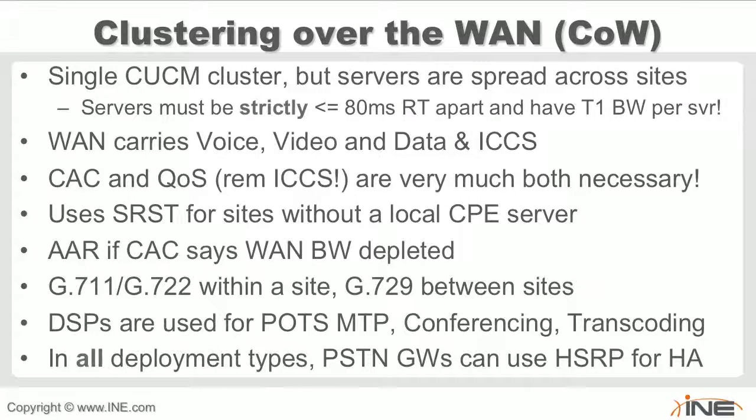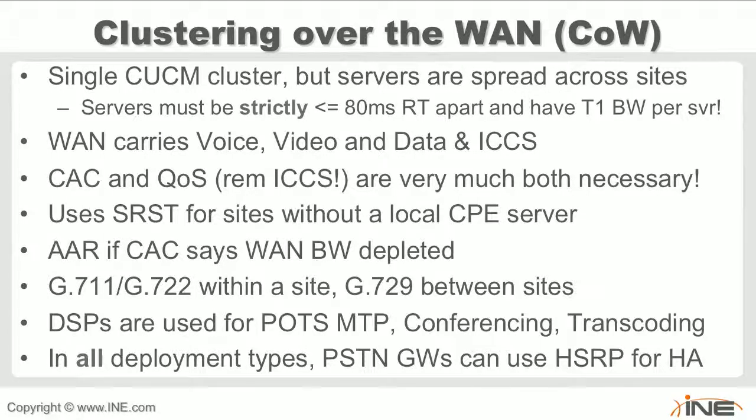And you must have a T1's worth of bandwidth for each subscriber server that's over the WAN. So if I have my primary data center and it has 5 UCM servers, and then I have 2 UCM servers across the WAN, they have a 43 millisecond round trip latency. Ping would be okay for this.